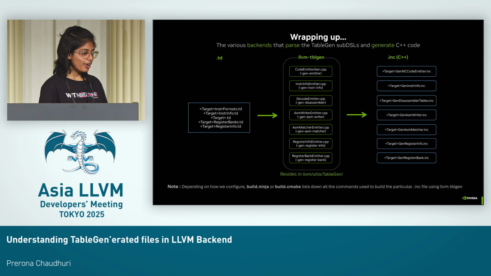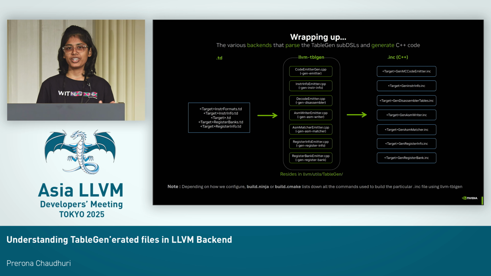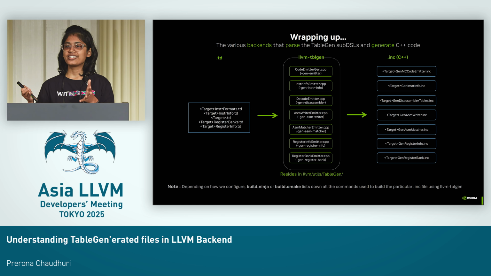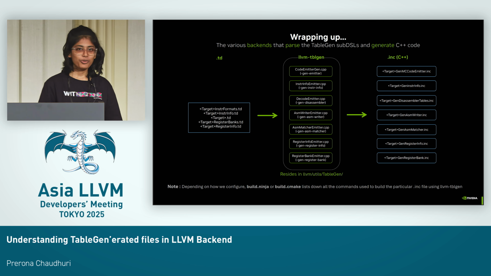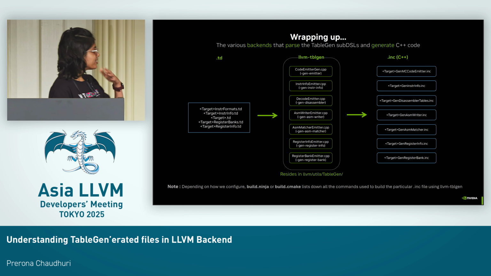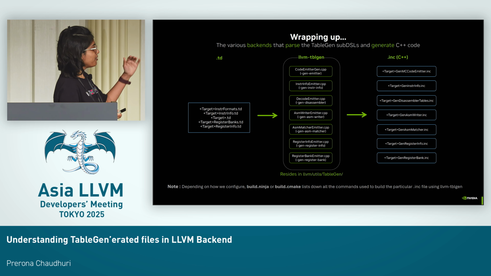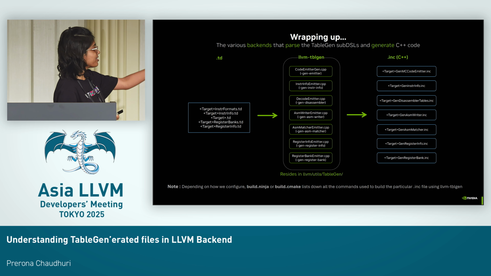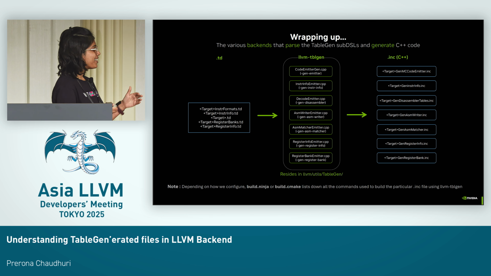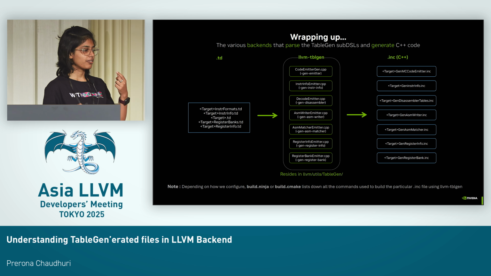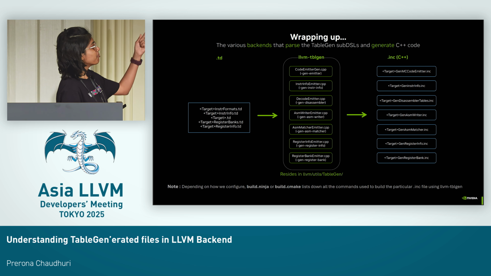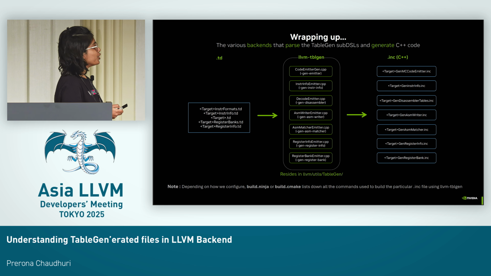And throughout the presentation, we had a different view of how the .inc files are getting used. This is another flow which was also covered in the morning talk. Basically, every sub DSL has a backend, and you can pass various arguments to the LLVM TableGen tool to generate the appropriate file.